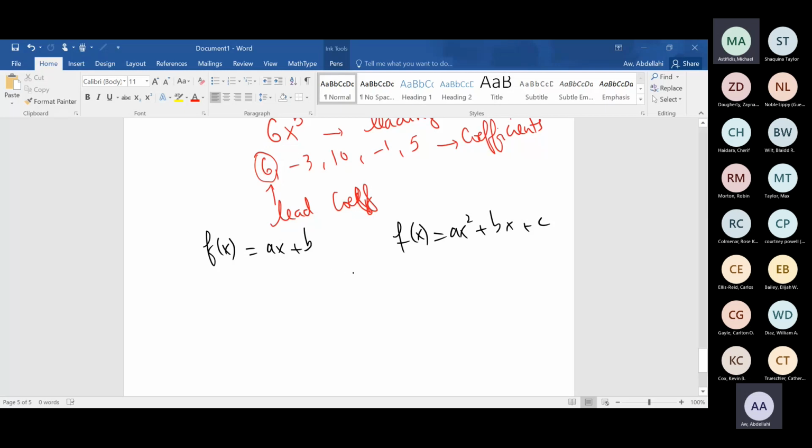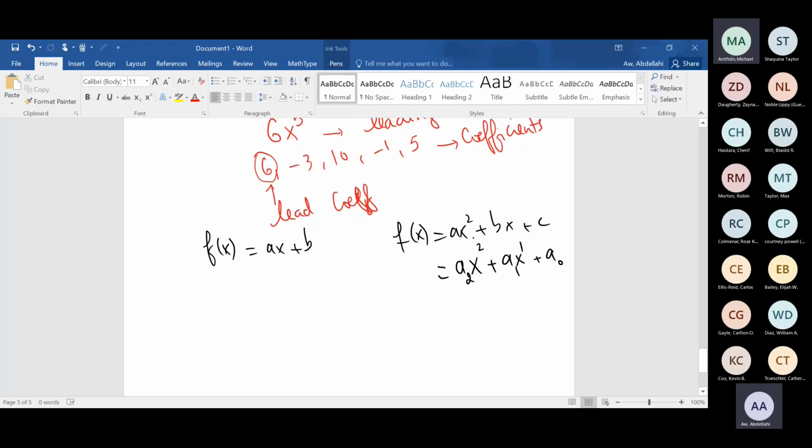Instead of writing ax squared plus bx plus c, how about we write a2 x2 plus a1 x1 plus a0, you see? How about I make the exponent and the index of the coefficient match? If I do that, I will be free to write any polynomial I want, right?